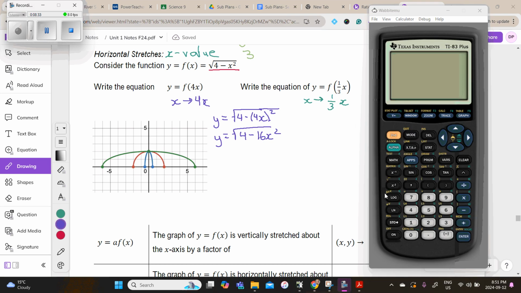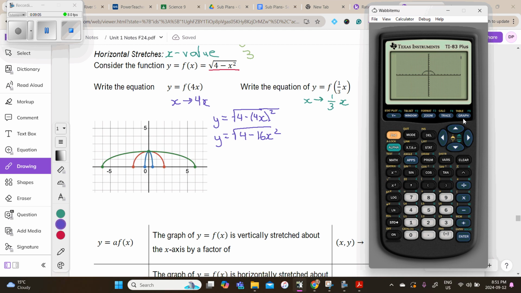I'm going to take a second to graph it. The square root of 4 minus 16x squared. Good. Okay, let's check, see if it's the blue one or the green one.